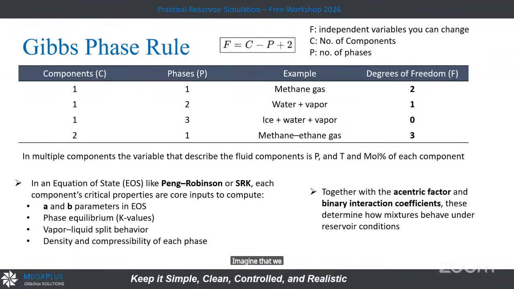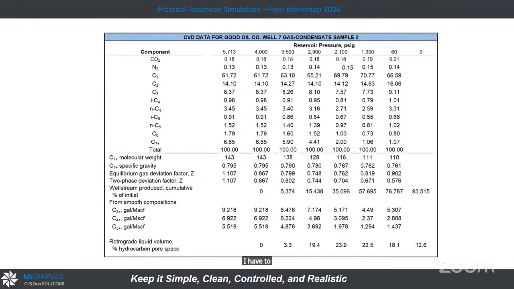Imagine that we have 20 components. What the Gibbs phase rule says is, in the 20 components, I will have a pressure and temperature and 19 mole percentages, and the last one will be the rest of the 100. So I have to insert the mole percent for these components at the certain pressure and temperature.